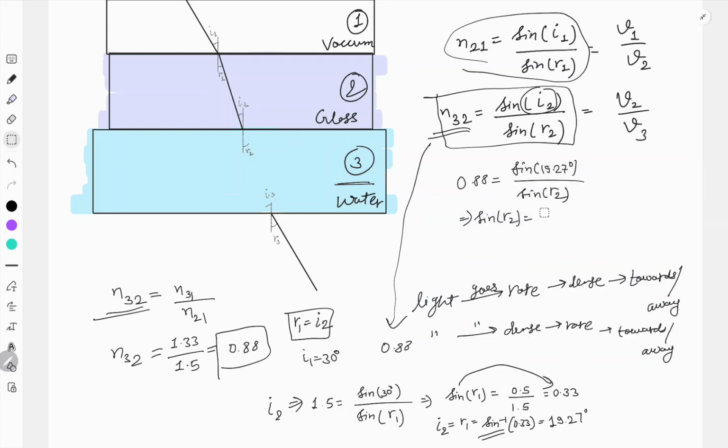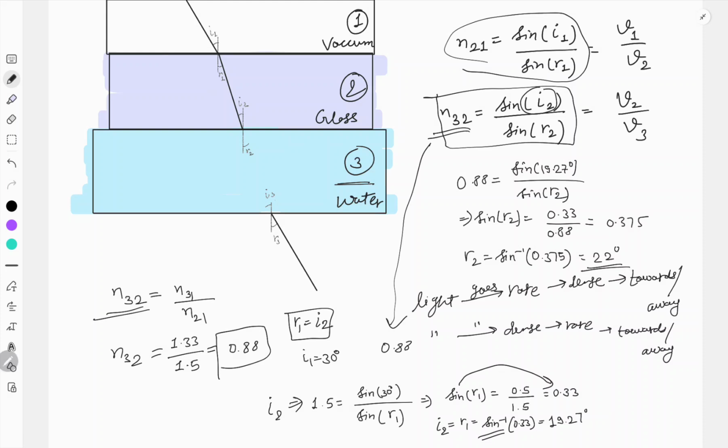So sine R2 will come out to be 0.33 divided by 0.88, which comes out to be 0.375, and then let's take the sine inverse of 0.375. You can calculate it in your calculators or even in your mobile phone, where you will find the inverse operations also. So it comes out to be 22 degrees approximately.